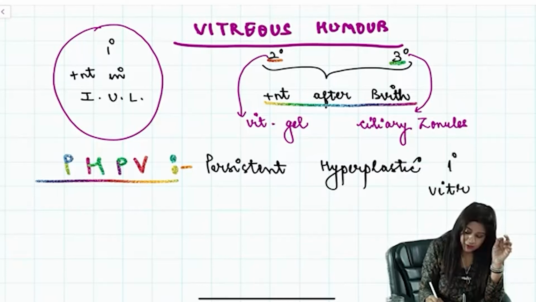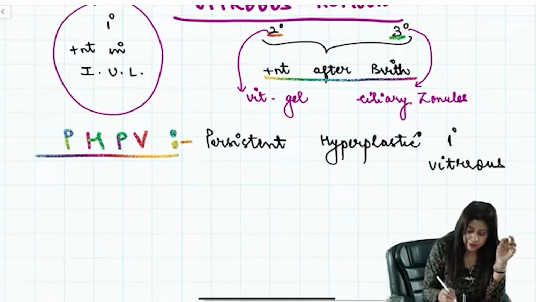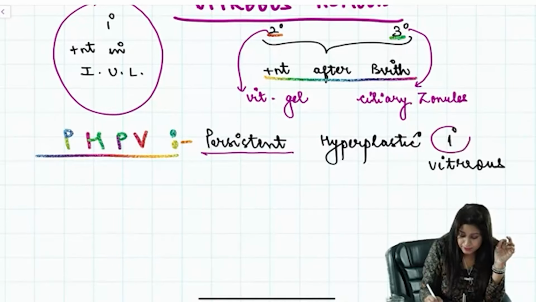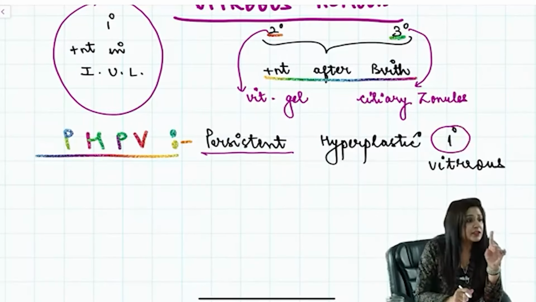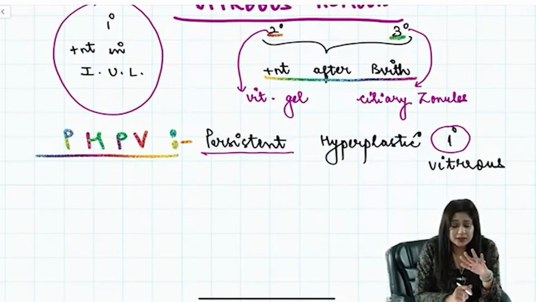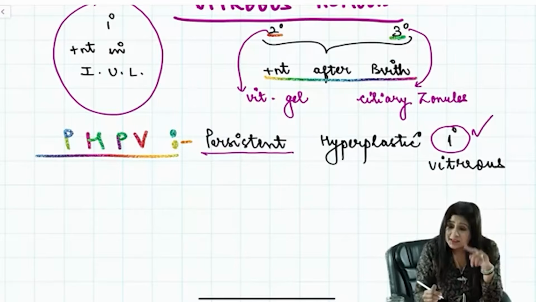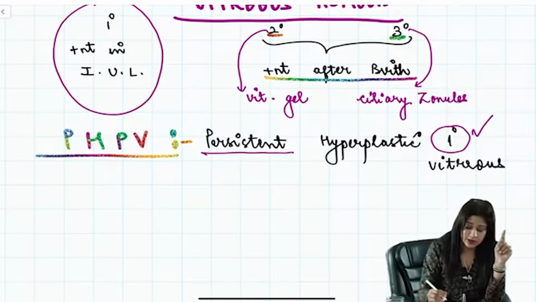Now can you see from its name itself, we can get to know that it is persistence of the primary vitreous. So normally the primary vitreous was not present after birth. If the primary vitreous persists after birth, then it is persistent hyperplastic primary vitreous.